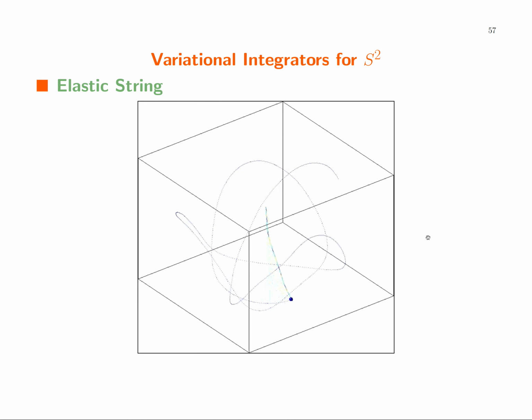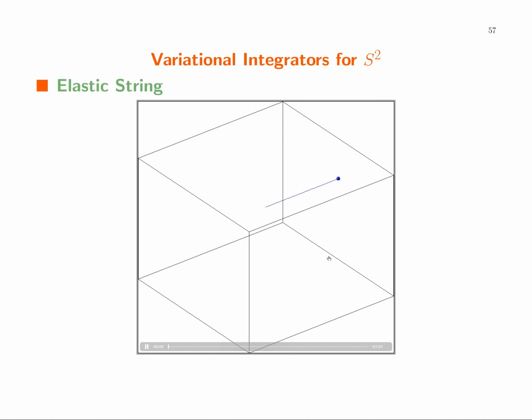You can also do this for strings. This is a combination of these two-sphere simulations together with a term which tells you the length of the string between two adjacent points.